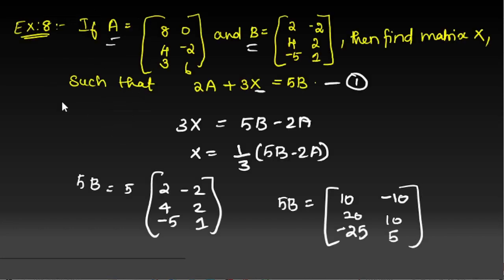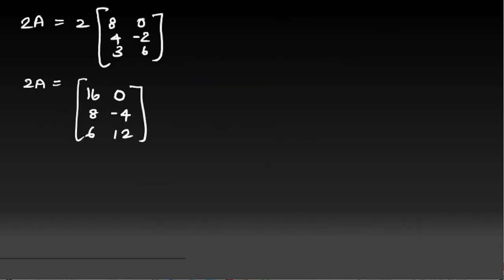Now what is given is 5B - 2A. I told a trick in the previous question, and you can use it here. Listen to the trick. You have 2A, and you are going to find minus 2A.